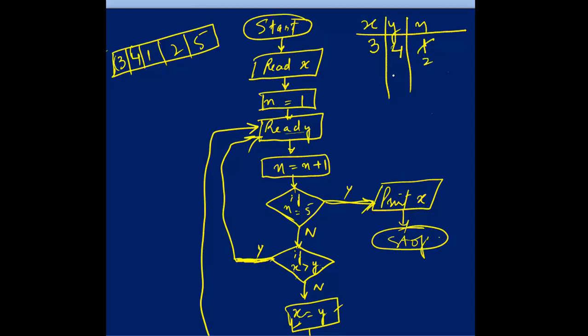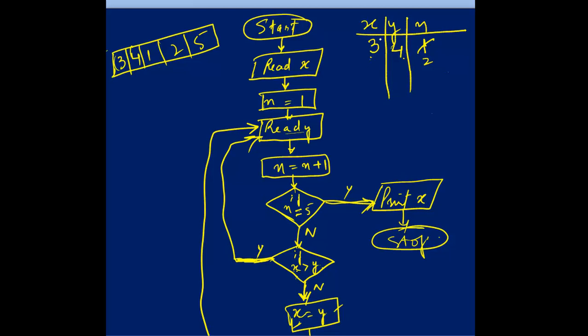Here again, n is equal to n plus 1. If n is equal to 5, I have written here: if n is equal to 5, yes or no. No, n is 2, it is not equal to 5, so it will move towards the no direction and see if x is greater than y. x is not greater than y, so it will move towards this no section and assign the value of y to x.